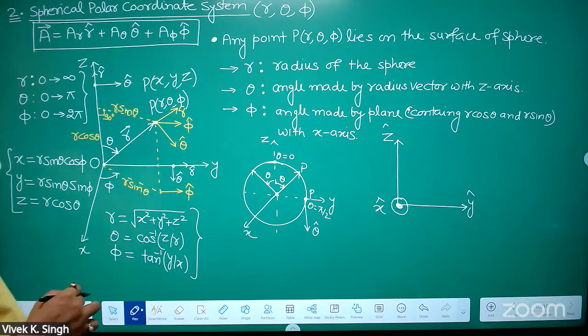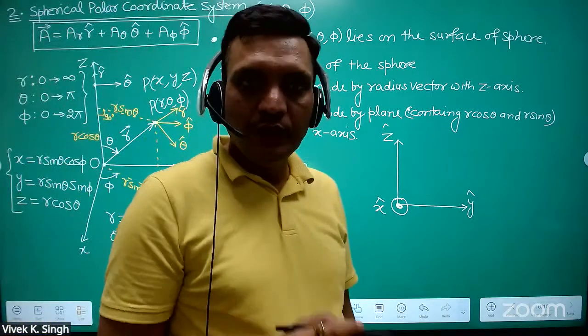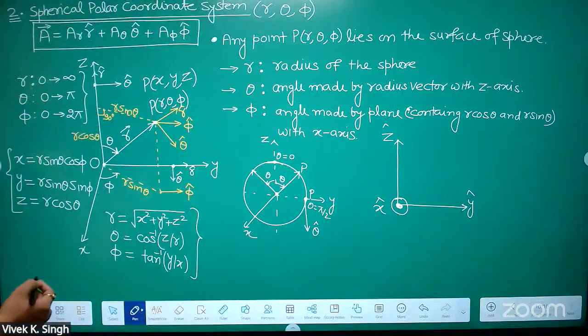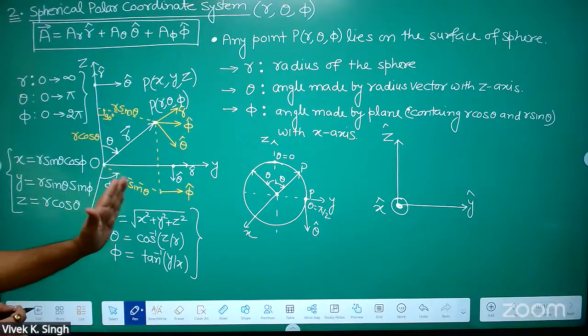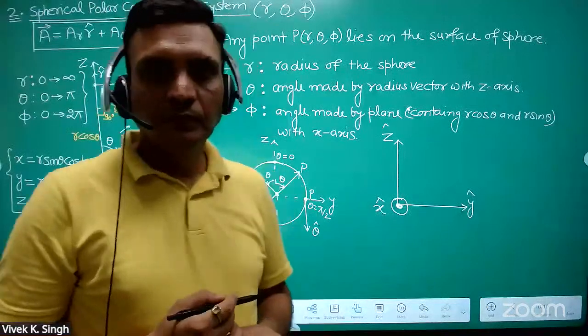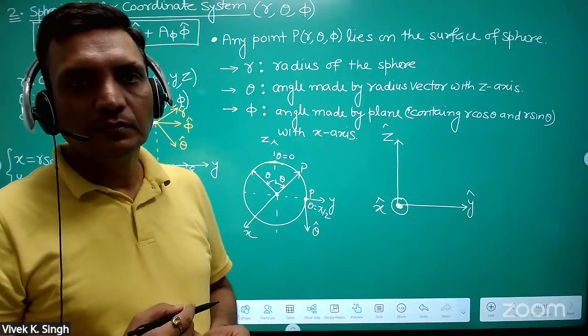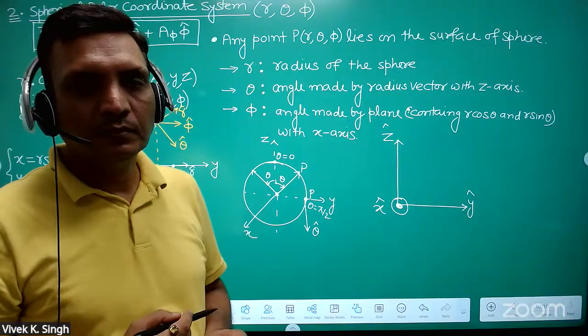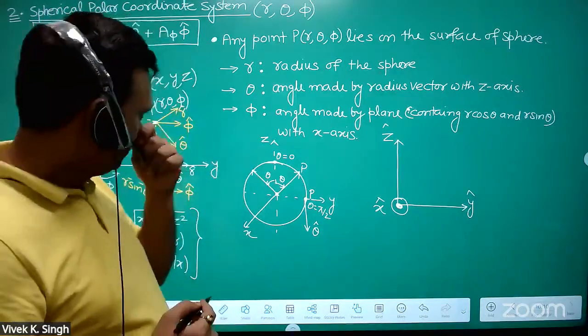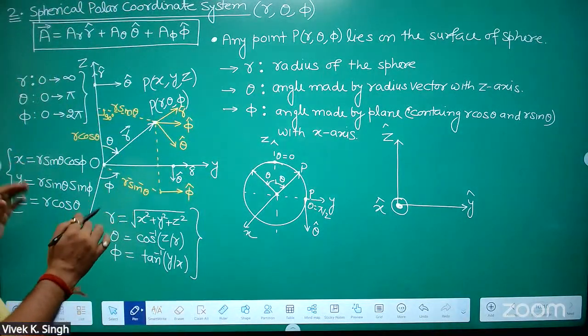So we have introduced r, theta, phi, unit vectors, limits of r, theta, phi, and we have also seen how x, y, z are related with r, theta, phi, and how, when x, y, z is given, it is related with r, theta, phi. Is it clear? Any doubt in spherical symmetry?